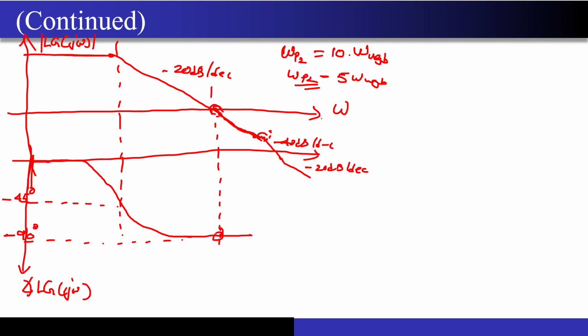This is minus 90 degree, correct? I am still 90 degree away from 180. My phase margin is 90 degree. So even if this pole contributes 15 or 20 degree, then if 15 degree degradation is there because of the parasitic pole, I still have at least around 75 degree of phase margin with me, correct?